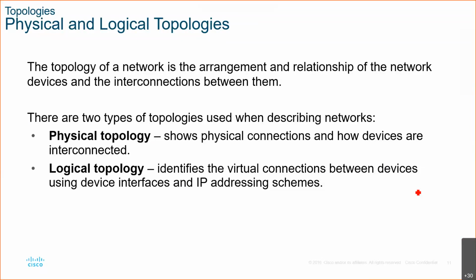Logical topology mainly takes into consideration the IP addresses and the interfaces. That's why for logical topology, they will give you a table with all the IP addresses. It may be version 4 or version 6, depends.